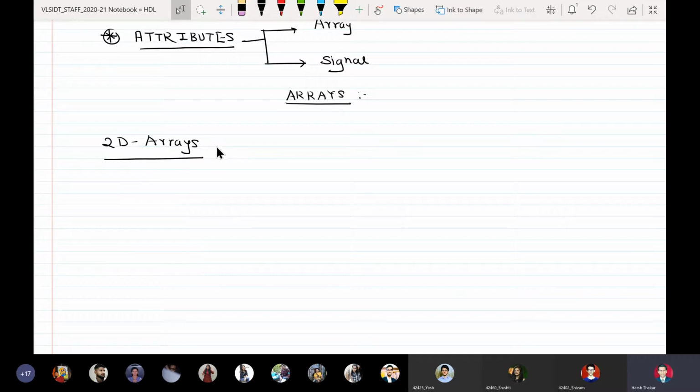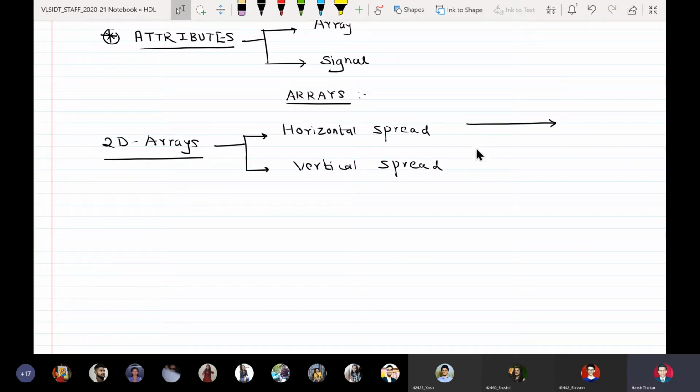So 2D arrays are arrays which have horizontal spread and vertical spread. Okay, so they have a spread like this and they have a spread like this. So horizontal spread can be called n and vertical spread can be called m.